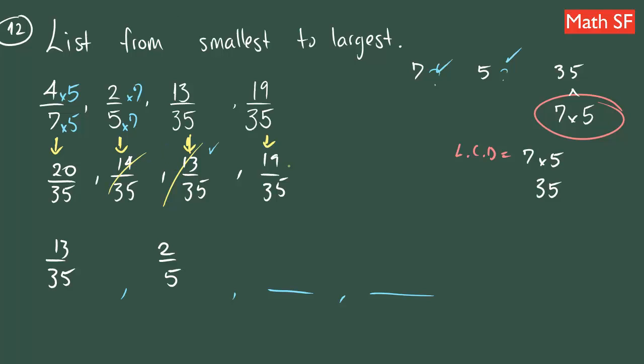Now after 14 should be the 19 over 35, so you just write there 19 over 35. And what is left over should be the largest one. So actually it's the 20 over 35, which was the 4 over 7. So now we have listed from the smallest fraction to the largest fraction.